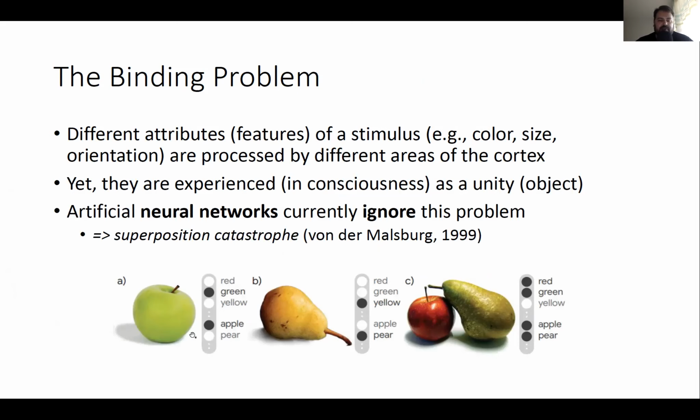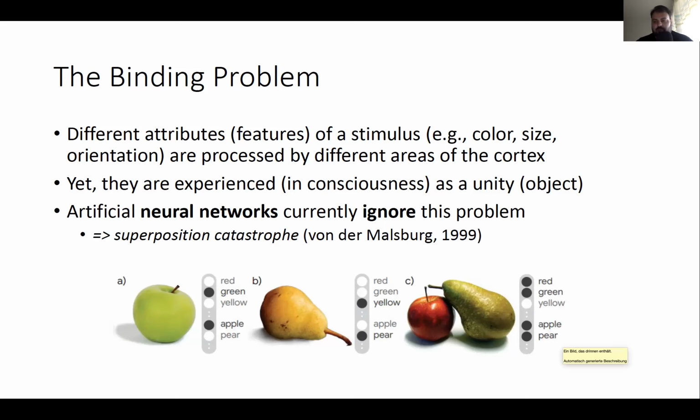that if you have a single image of a green apple, the network can classify it as a green apple. If you have a single image of a yellow pear, the network can classify it as a yellow pear. But if you have a combined image of a red apple and a yellow pear, you will get the information that there is something red, something yellow, an apple and a pear, but the network lost this bound information and is not able to say it is a red apple and a yellow pear.